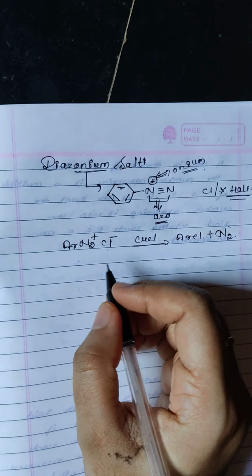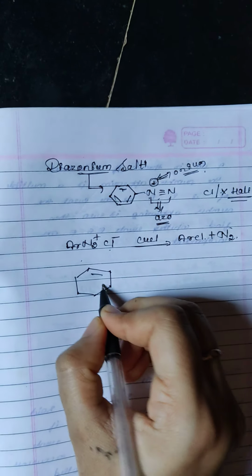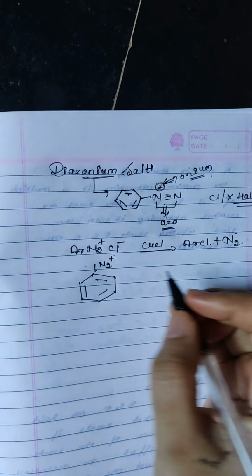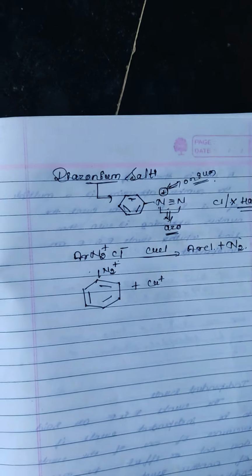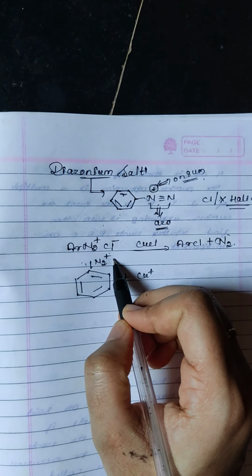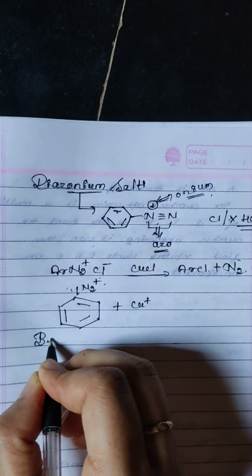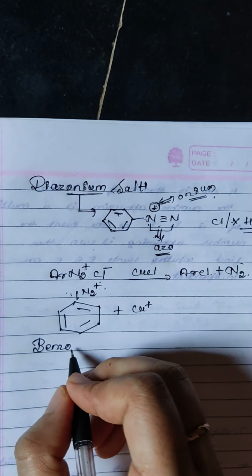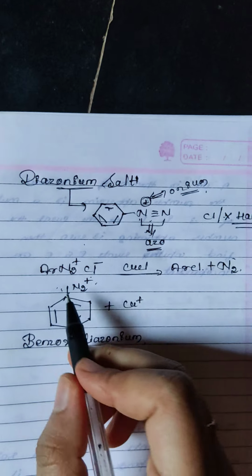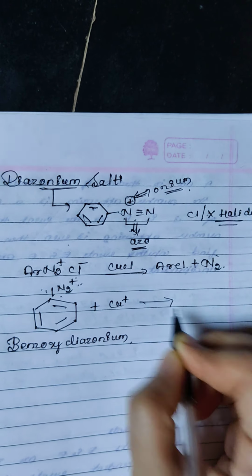Next is a benzene diazonium, a benzene compound: Ph-N2+ with copper, a diazonium complex for ArN2+ Cl- and CuCl. The benzene diazonium with positive sign, N2 compound, and copper.